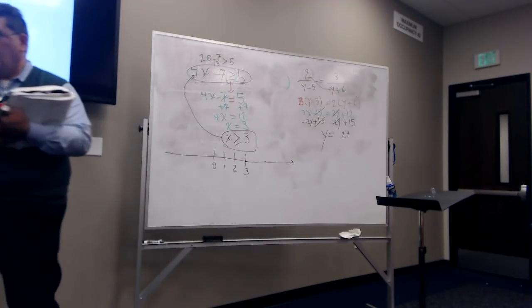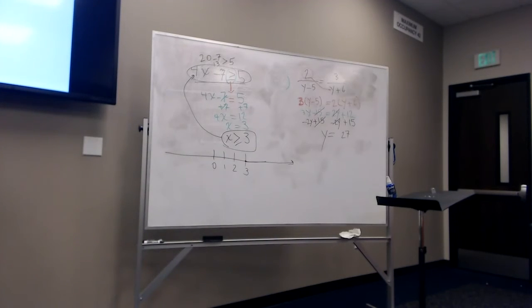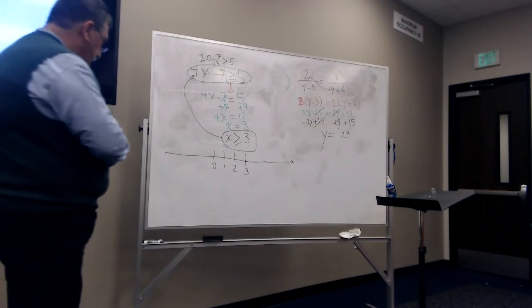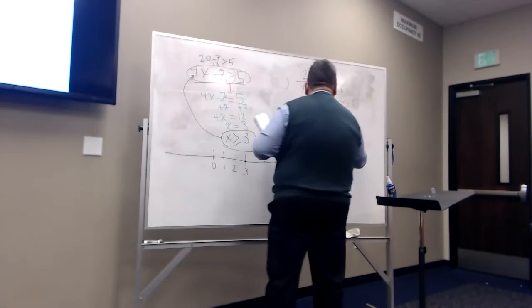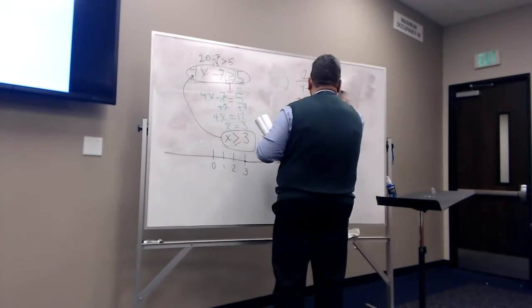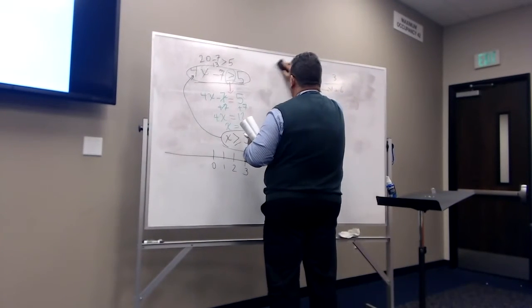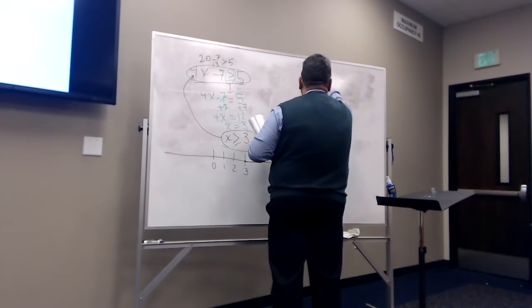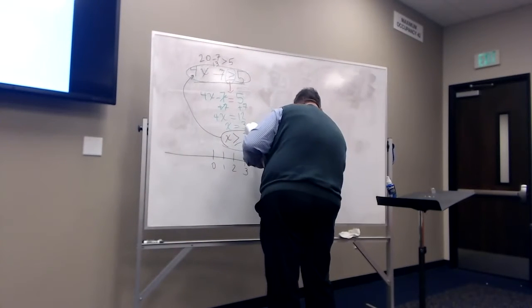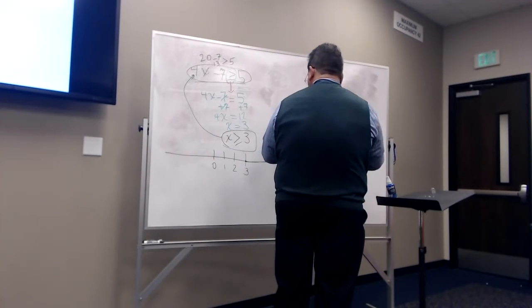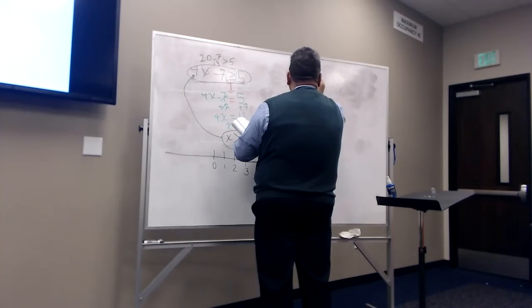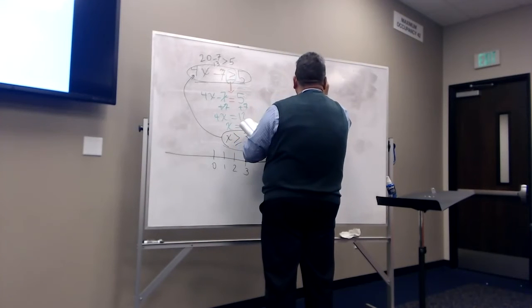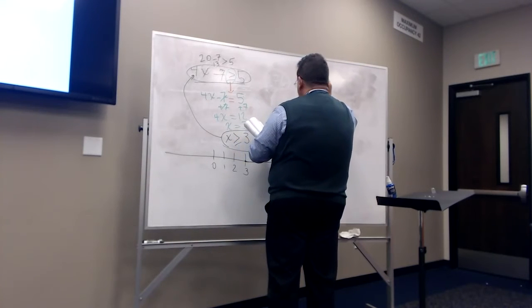Let's look at example 3 on page 345. We have 1/3 x is less than 5.